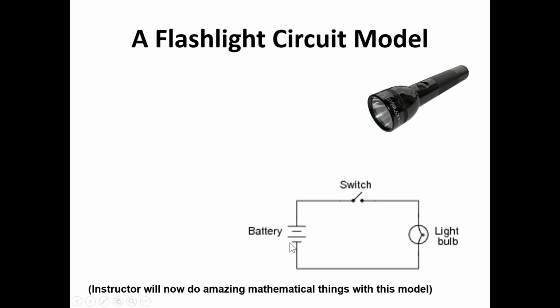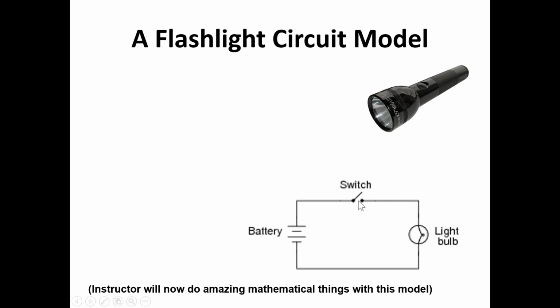I'll talk about that in one of the examples I'm going to work, how a battery is not an ideal voltage or current source in many ways. All right, so that's the battery.